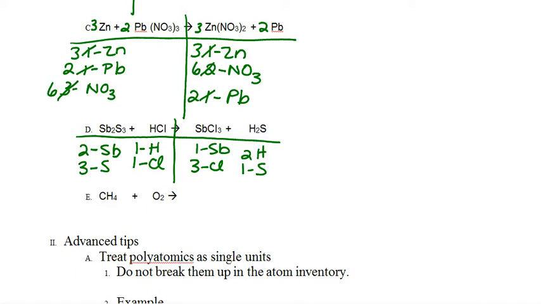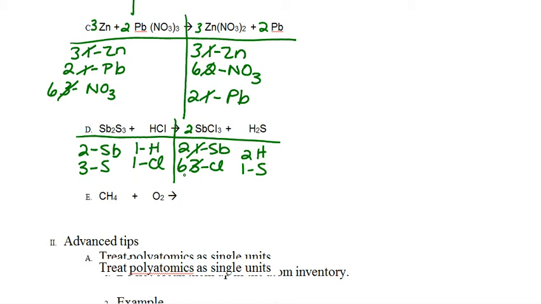All right, and now looking at these, what should we do first? Well, I'm looking, and first off, the Sb, right? I'm going to make this 2 here, and that now throws off my chlorine, so that makes this 6.